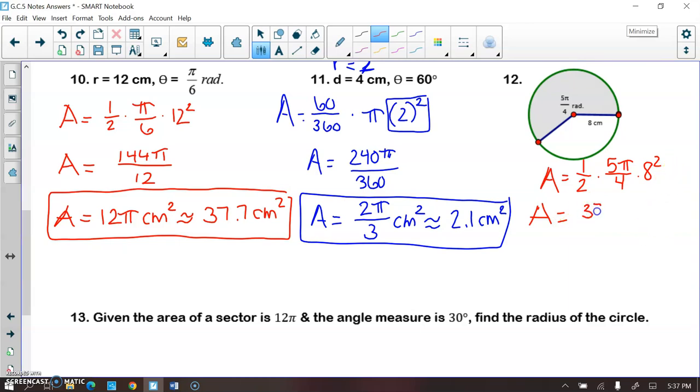This gives me 320 pi. And then 2 times 4 in the denominator is 8. So 320 divided by 8 comes out to be 40. So 40 pi centimeters squared, which is approximately equal to 125.7 centimeters squared.